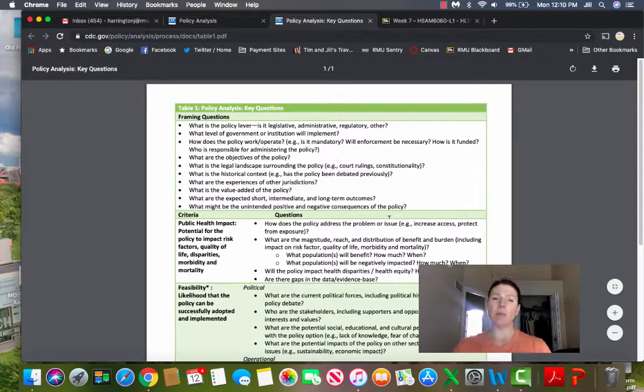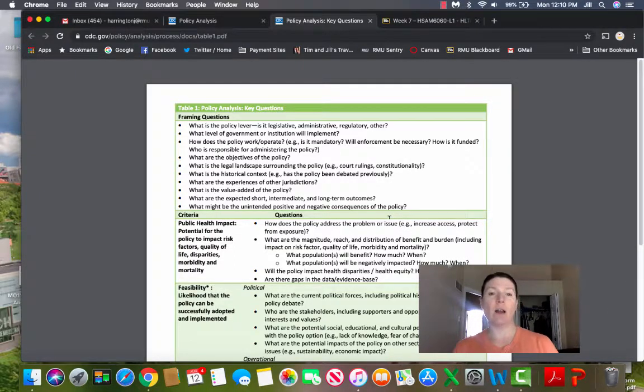So when we're talking about policy analysis, why are we talking about that? Why would you care as a healthcare administrator? Well, it's so important as an administrator at whatever level you're at. Could be the CEO, could be a middle manager in a hospital or in a health plan, etc. That you have the ability to do your own policy analysis.